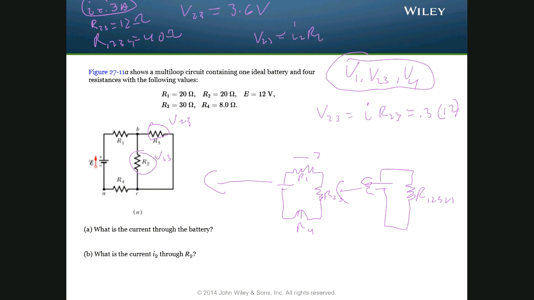So all we have to do is solve for I2 equals V23 over R2. That's going to equal 3.6 divided by R2, which is 20. So that's going to be equal to 0.18 amps, I believe. Yeah. Anyone else get the same thing?